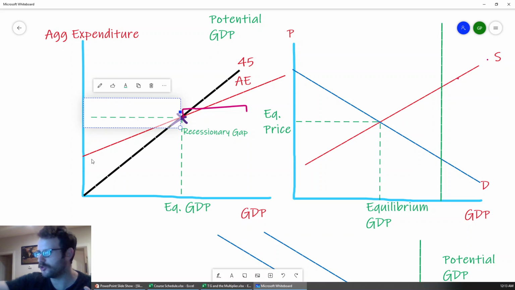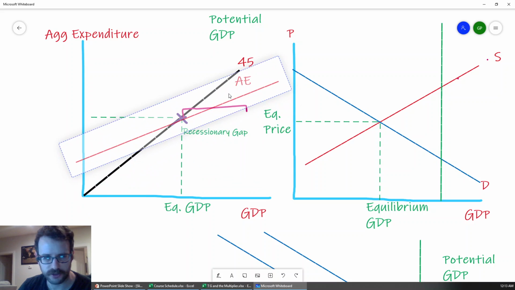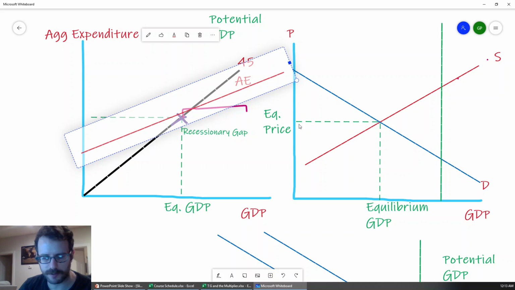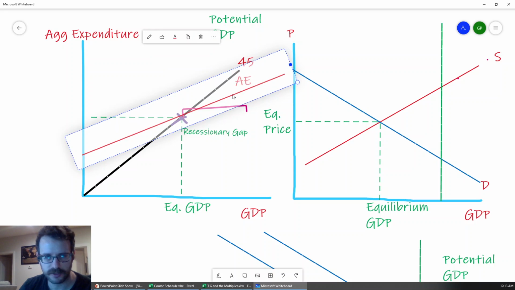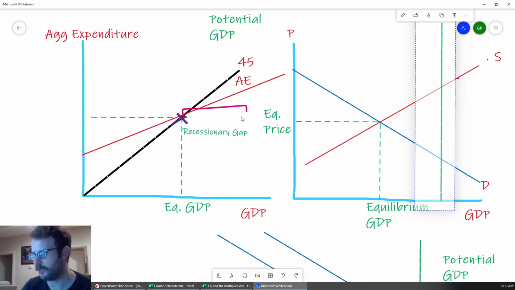Price has nothing to do with this graph here. If price changes, this is going to change. But let's assume that for this equilibrium price, we have this aggregate expenditure function. Then this equilibrium GDP is equal to this equilibrium GDP, and in that case we can say that this potential GDP would correspond to that potential GDP.